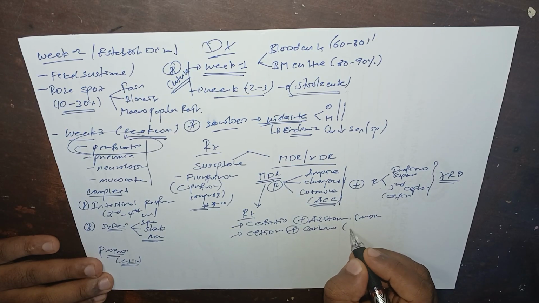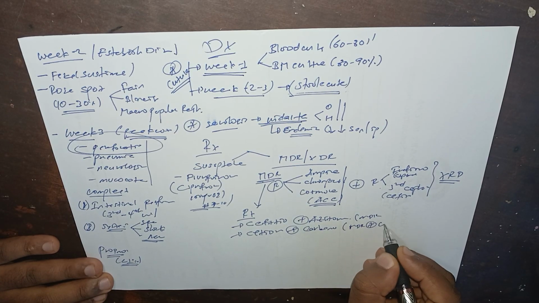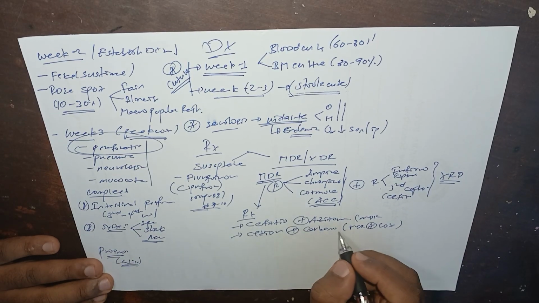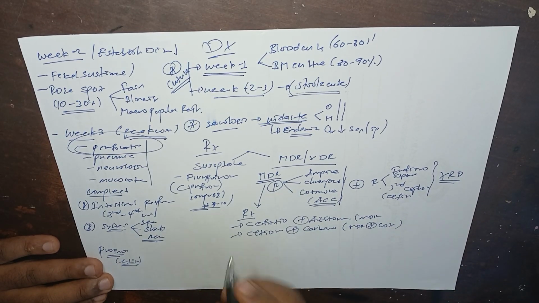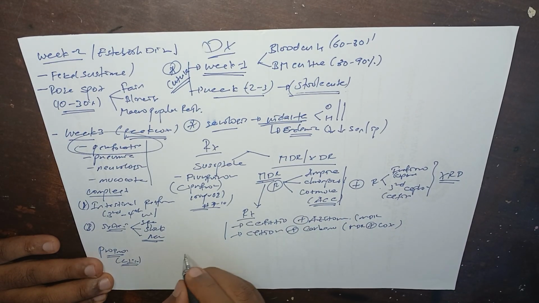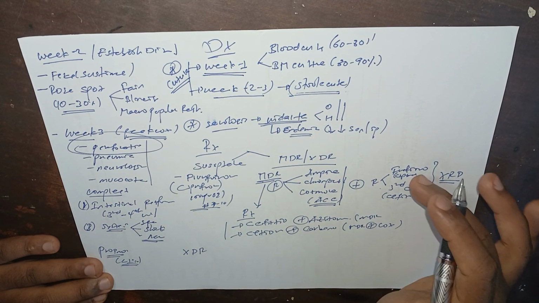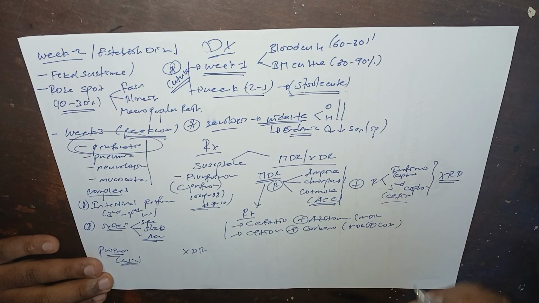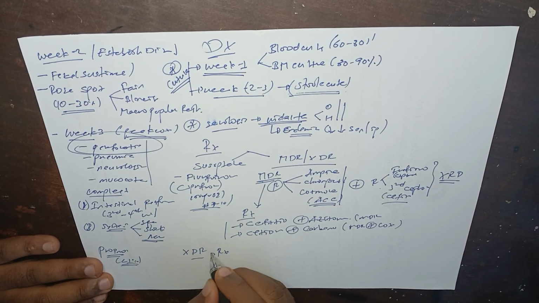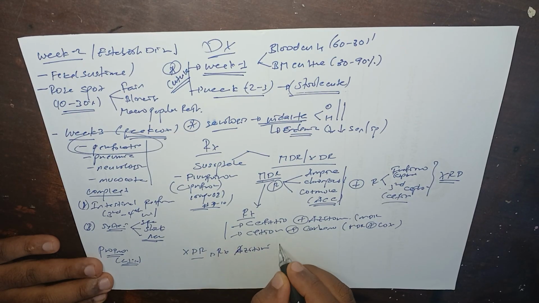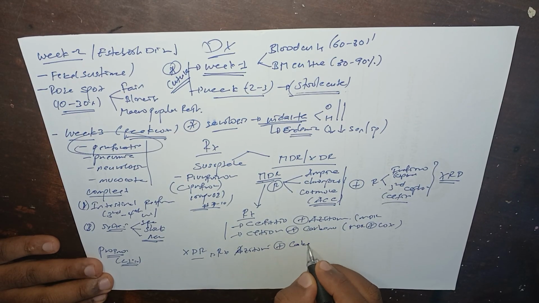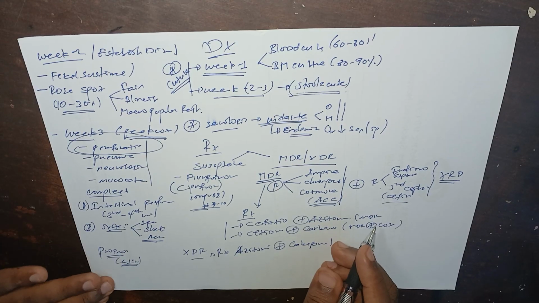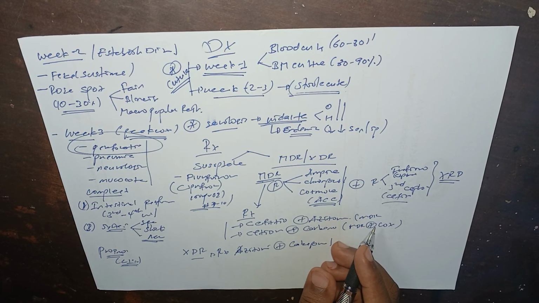This one is MDR with complication. Carbapenems like meropenem or imipenem can be the management choices. But if the microorganism is XDR, we treat with azithromycin for 1 week plus carbapenem.